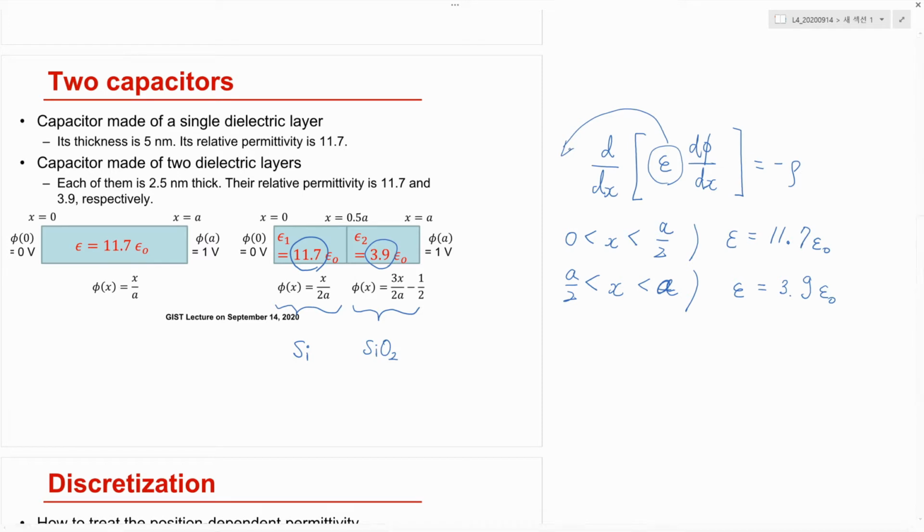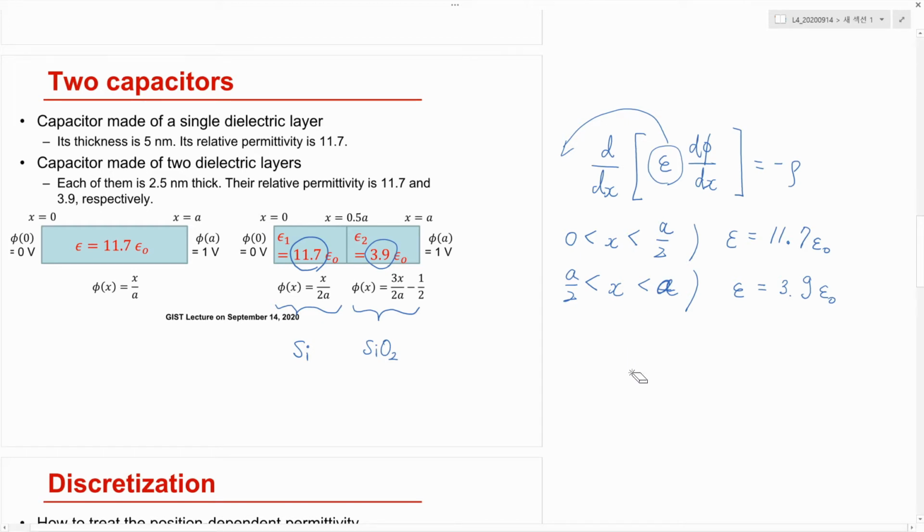It becomes just a Laplace equation. However, we cannot apply this condition when we have x equal to just half. In this case, epsilon is no longer a constant over the position, so we have to consider the variation of epsilon for this right problem.